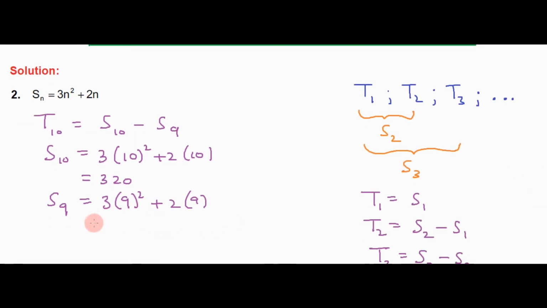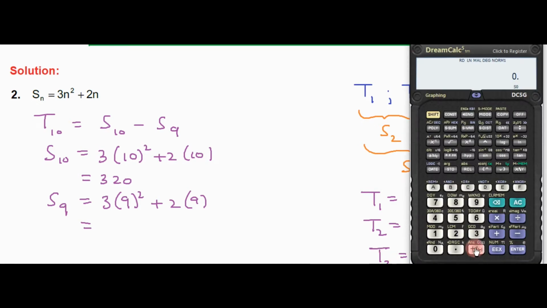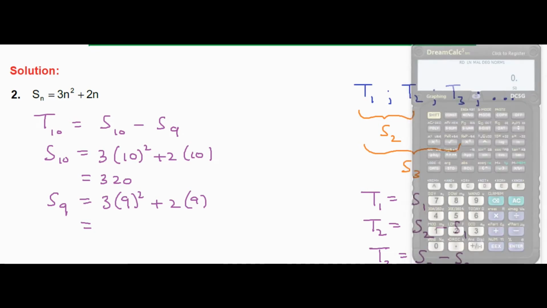We can work this out on a calculator. So 3 times 9 squared plus 2 times 9. And it's 261.